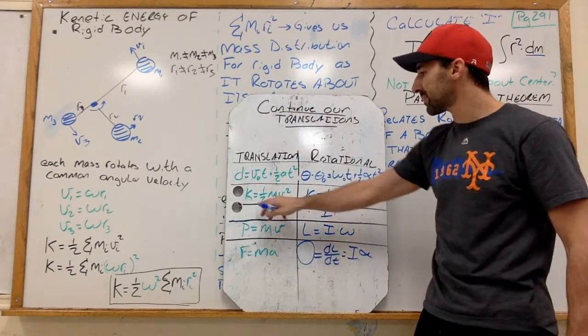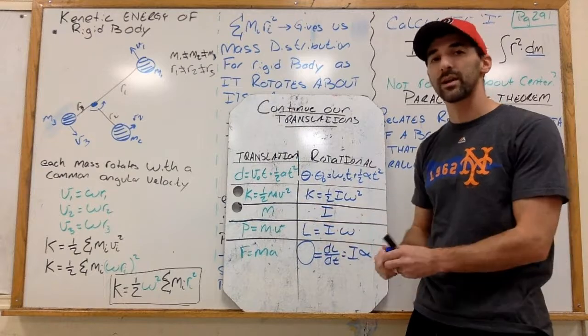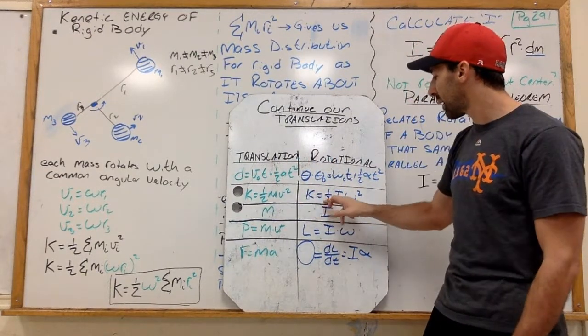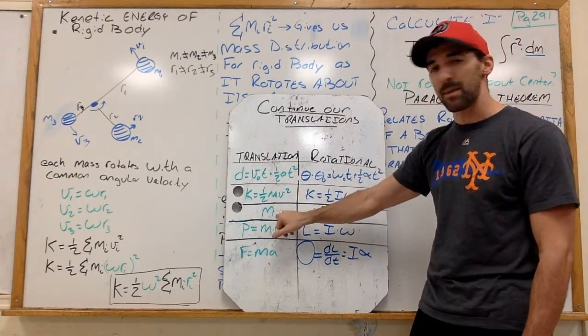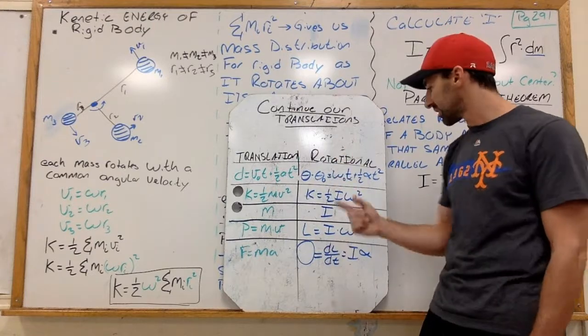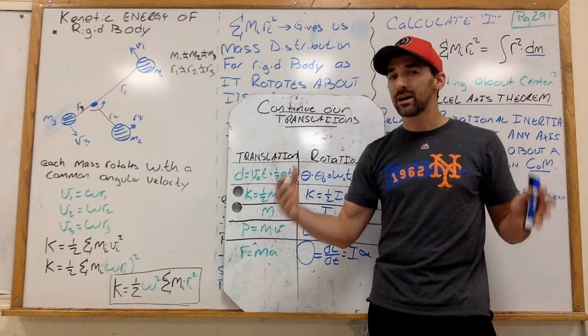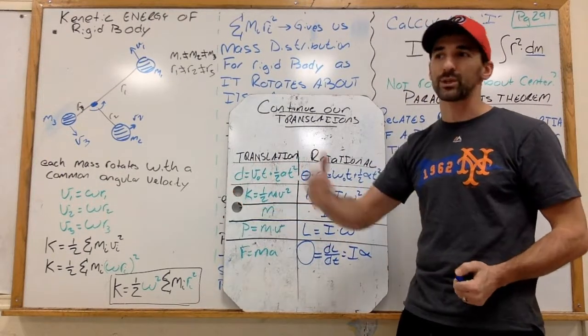We now know there's some linear translational kinetic energy, 1/2 mv squared. Well, it also takes energy to rotate or spin about some axis, 1/2 I omega squared. If I look at that, that must mean that my mass equivalent rotationally is I, and that makes sense because mass is inertia. We talk about Newton's first law, an object in motion stays in motion, an object at rest stays at rest.